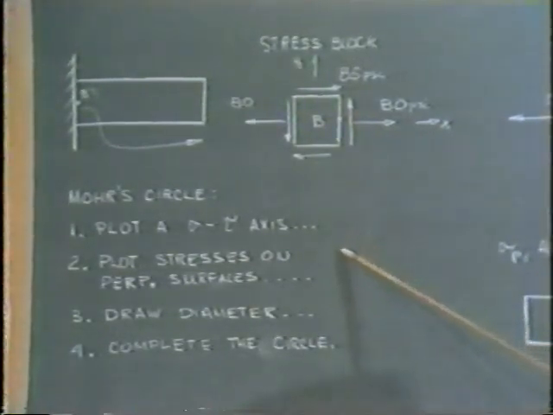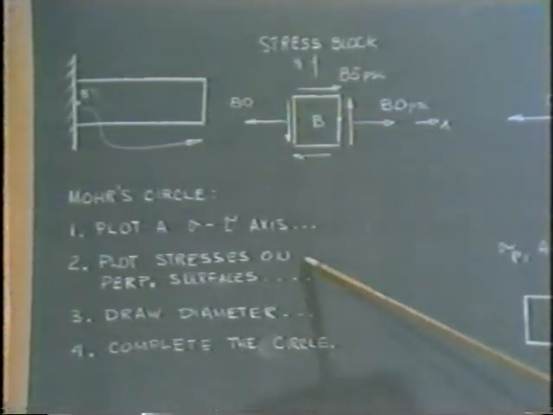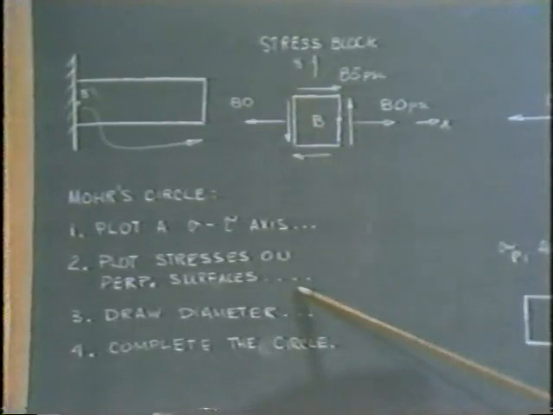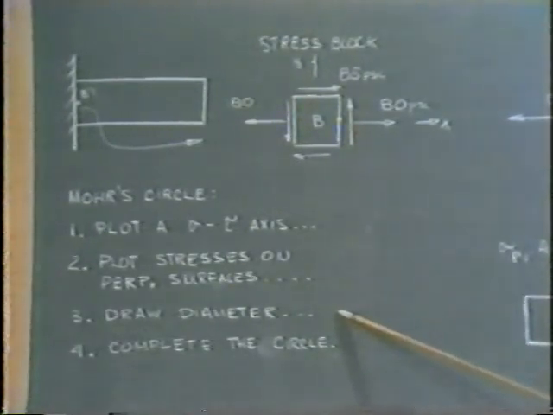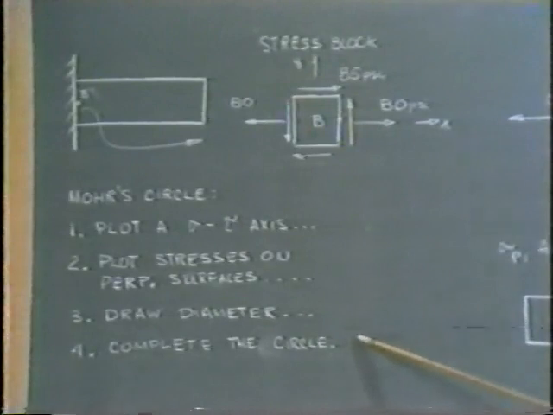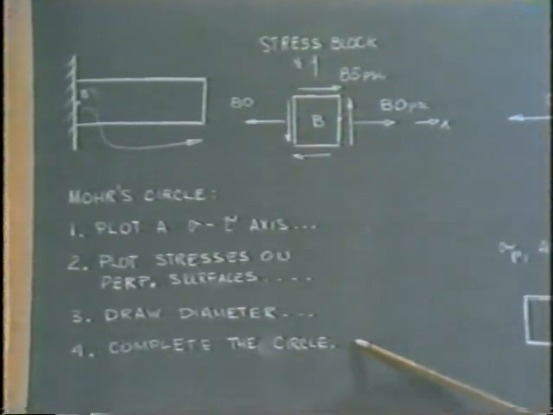On that axis, plot the stresses on the stress block as though they were the coordinates of a point on our sigma tau axis. Those 2 points will provide a way to draw the diameter of the circle, and the last step would be to complete that circle using the drawn diameter.